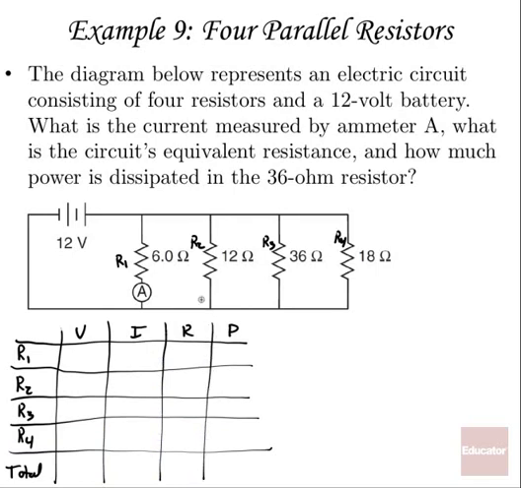And what do we know right away? R1 is 6 ohms, R2 is 12, R3 is 36, and R4 is 18. We also know our total voltage is 12.